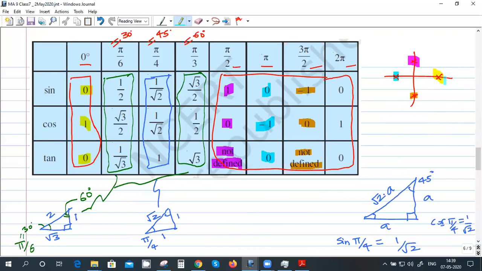Cos, 1. That's what is here in this first column. For 0 degrees, 0, and tan is what for this yellow point? 0. That's what is in the first column. Got it? Okay, similarly, for the positive y-axis, the pink point, what is the value of cos?